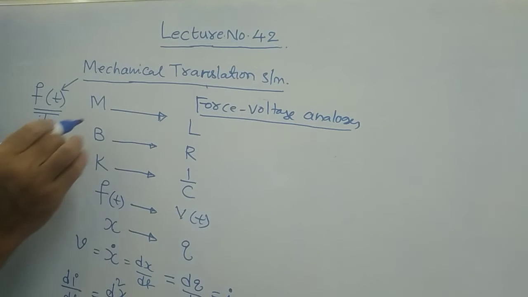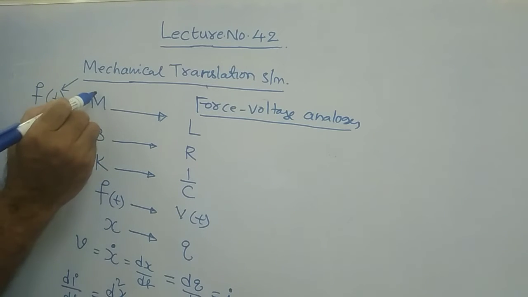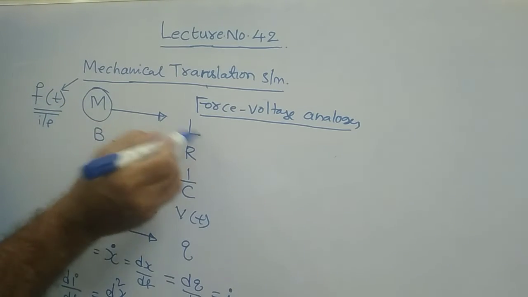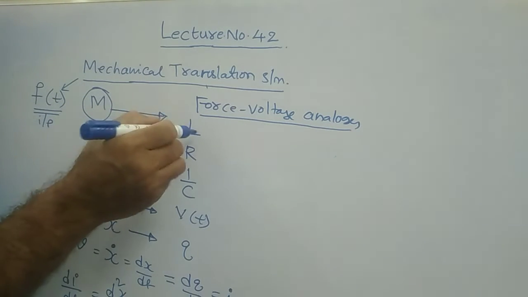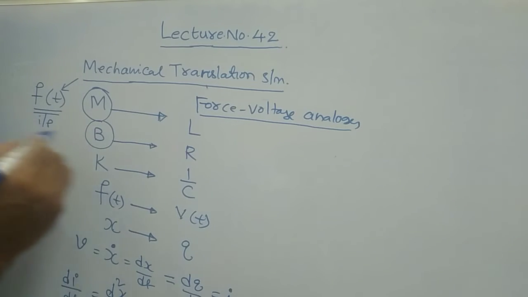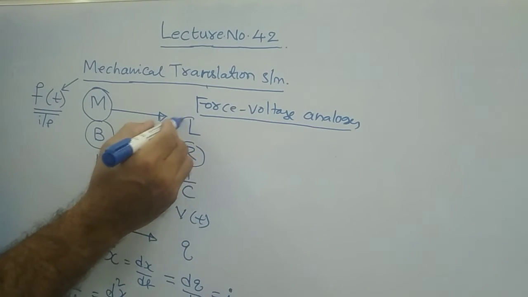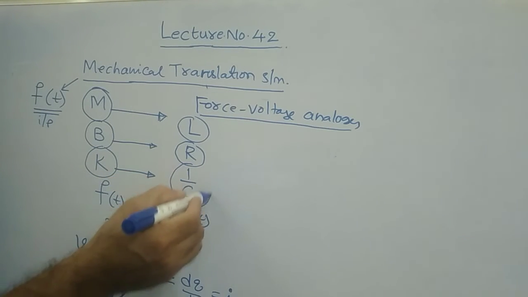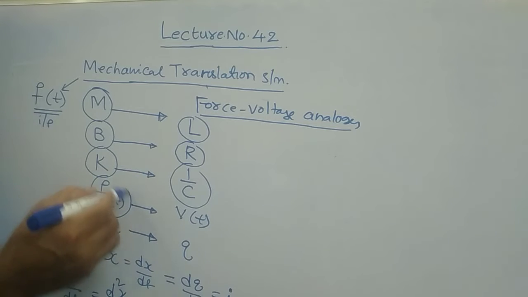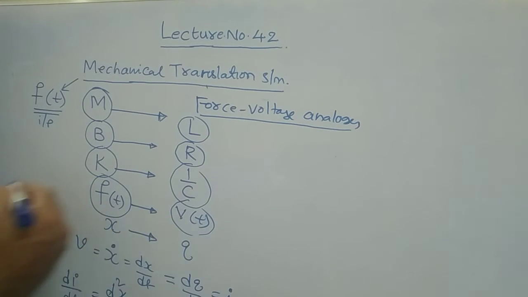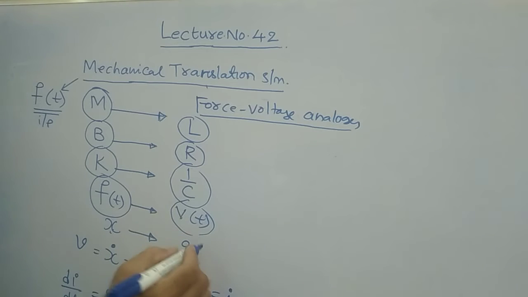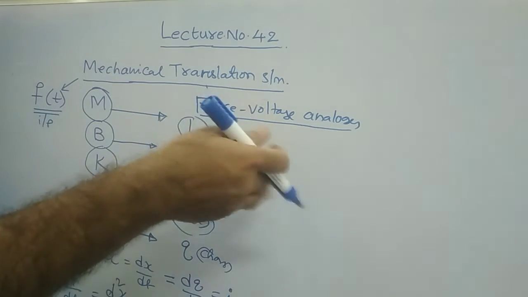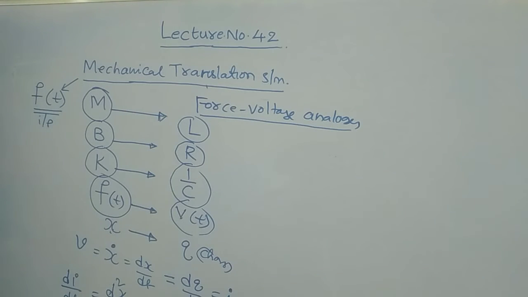For the time being, just remember that the mechanical mass is equivalent to electrical inductance, mechanical element B is equivalent to electrical resistor, mechanical element K is equivalent to electrical element 1 by C, the mechanical force is equivalent to the electrical voltage source, and X is equivalent to charge Q. Likewise, we have to convert and represent it in circuit form. Then your problem will be over.